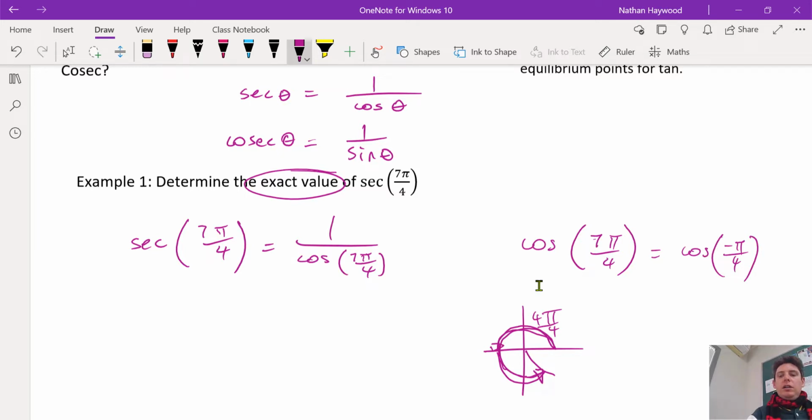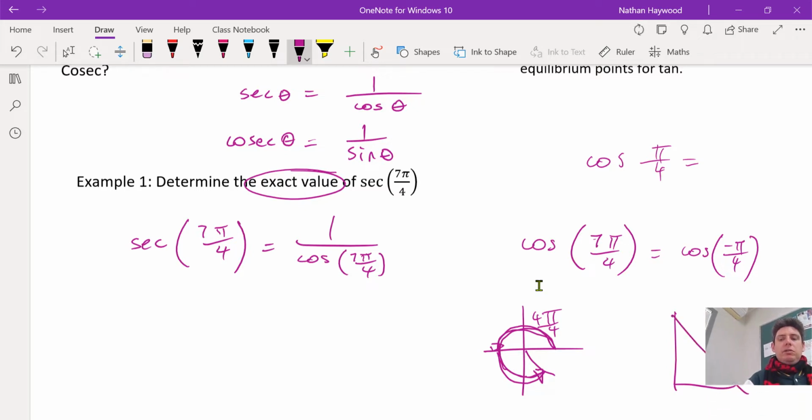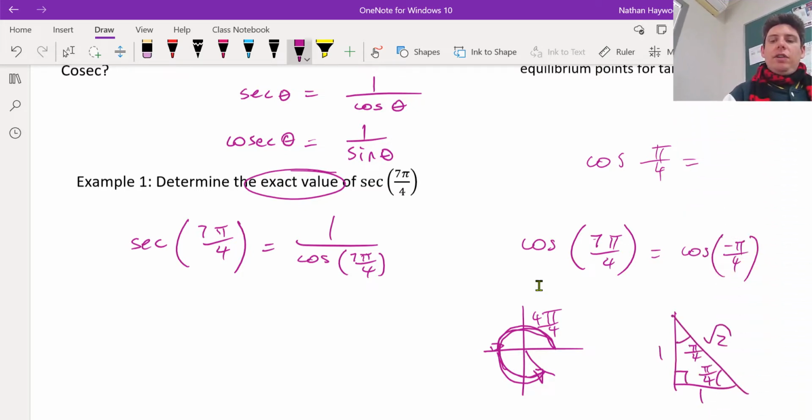So we know the reference angle in the first quadrant is pi over 4, so we can look at that first. What's cos pi over 4 equal to? Do you remember your special triangles? The adjacent over the hypotenuse, which is 1 over root 2.